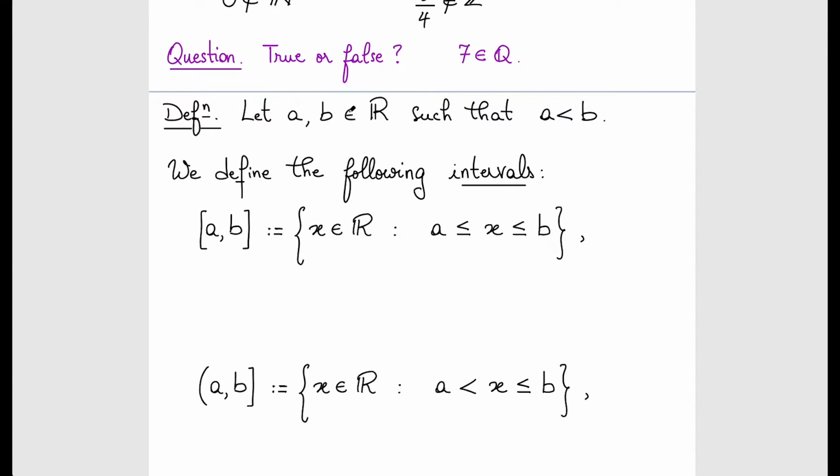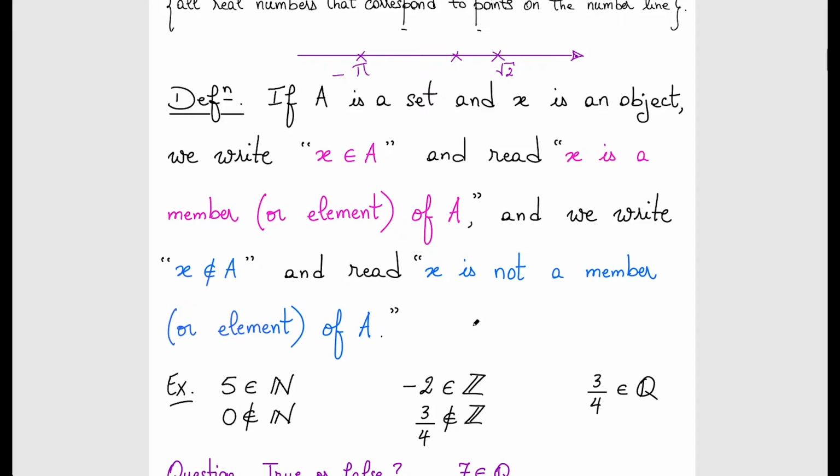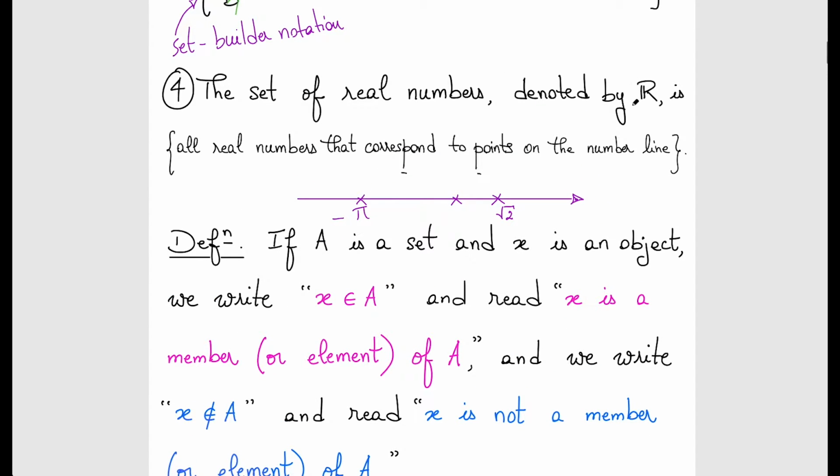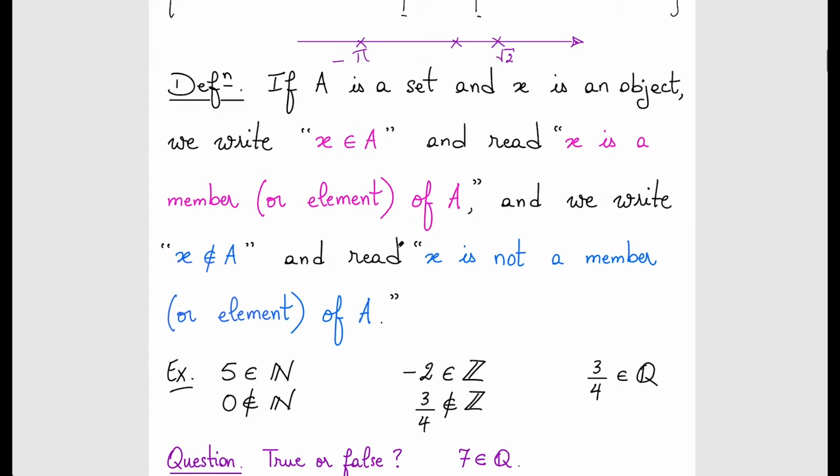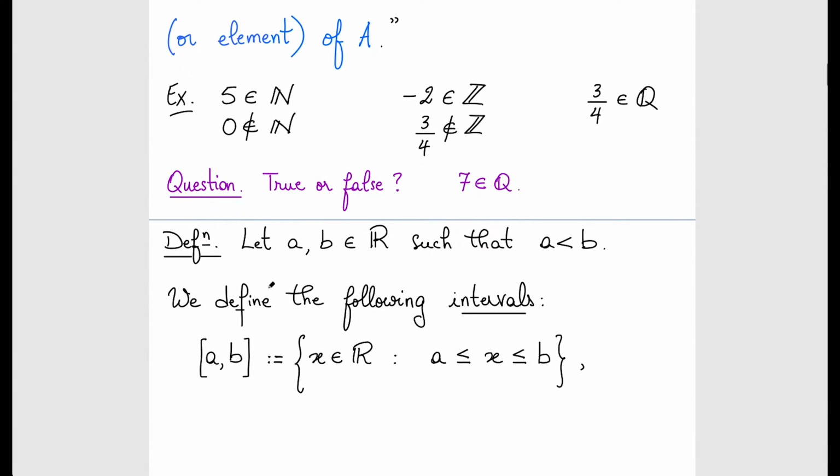Let A comma B, this symbol R. This means let A and B be elements of R. Boldface R stands for the set of all real numbers. So how would you read this in pure English? Let A and B be two real numbers such that A is smaller than B.